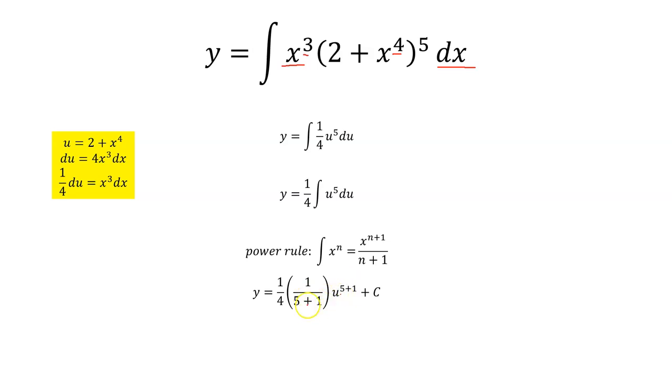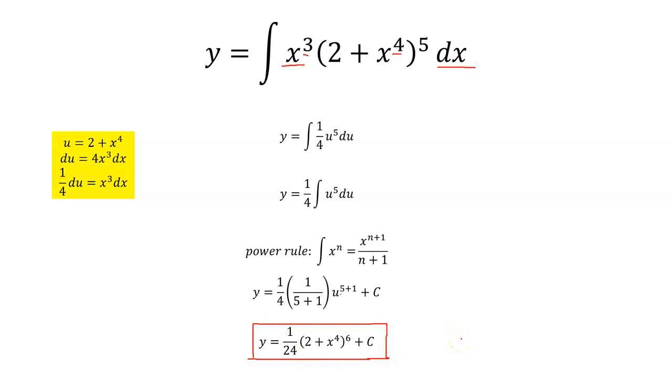And then divide by the new exponent, which is 5 plus 1. And plus c. So when we go through the arithmetic, you have 1 over 24 times the quantity of 2 plus x to the 4th, this is our original value of u, raised to the 6th power plus c. And this is our answer.